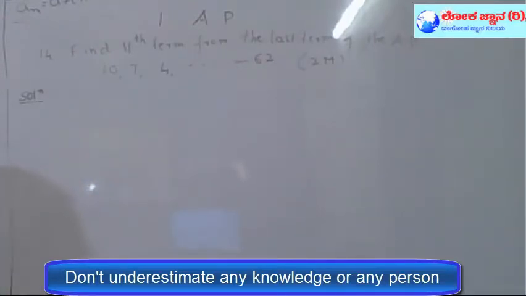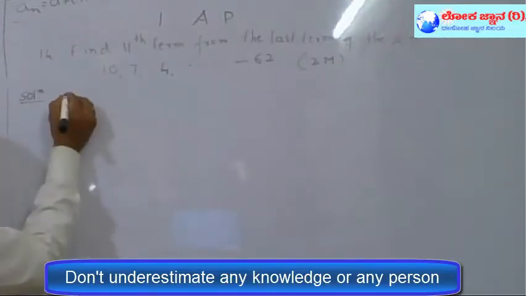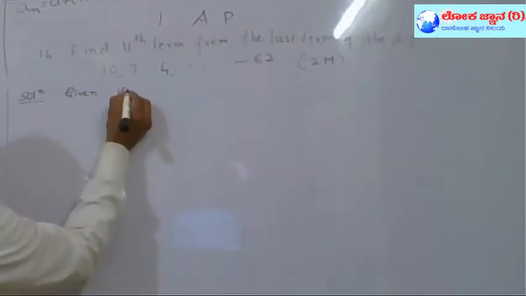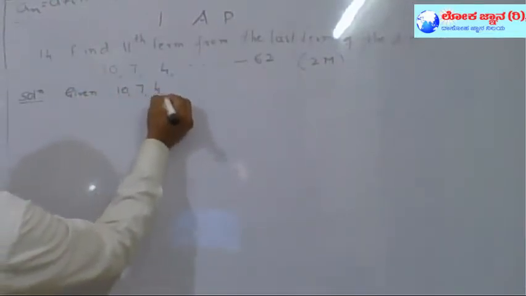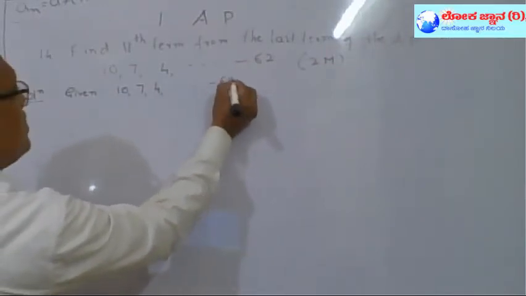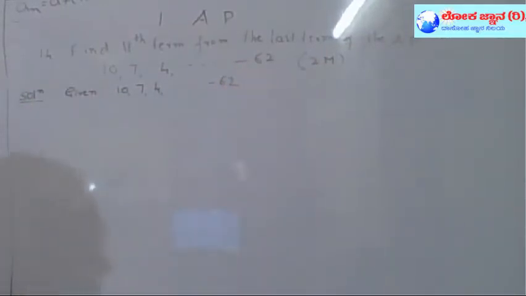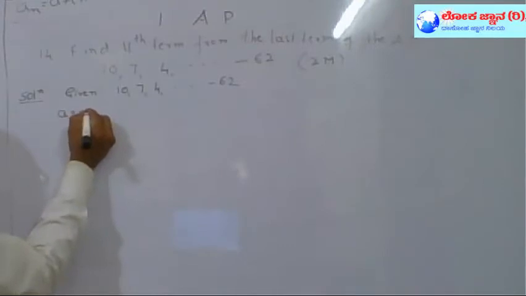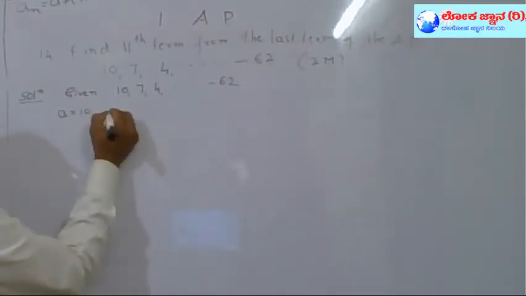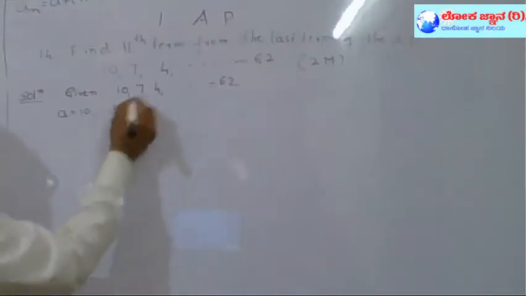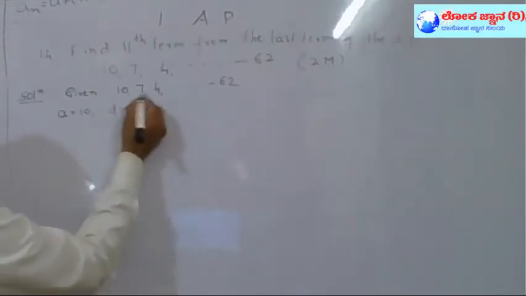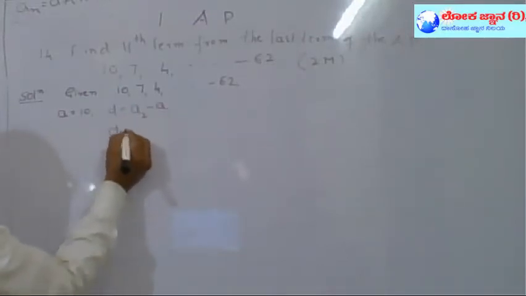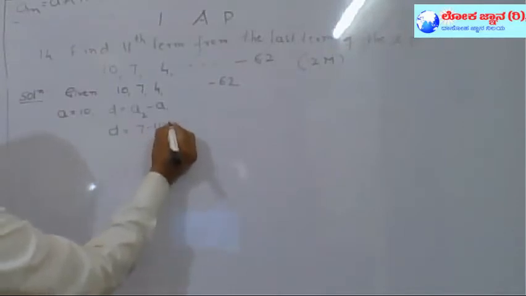What is the first step? You already learnt it. Given, you write the sequence first: 10, 7, 4, and so on up to minus 62. What is A in this case? A is 10. What is D? D is A2 minus A1, which is 7 minus 10, that is minus 3.